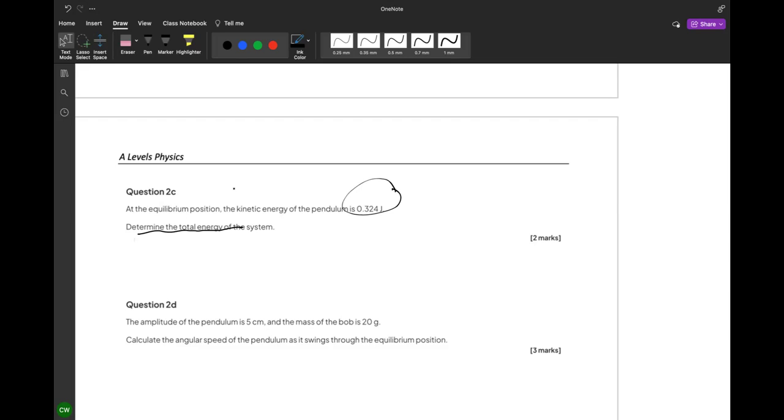Nobody knows? Equilibrium position, the same, correct.